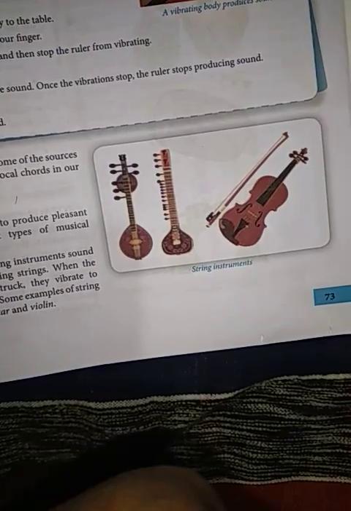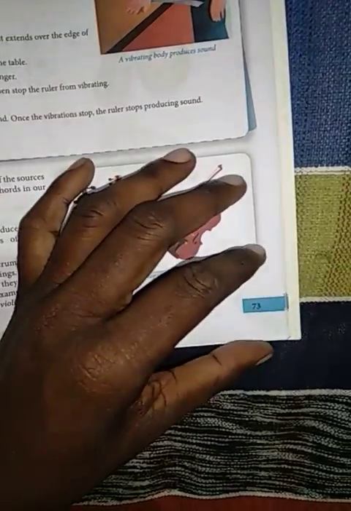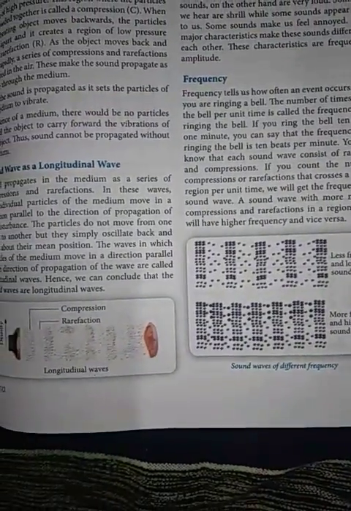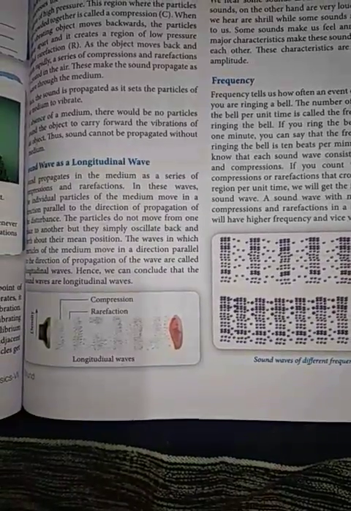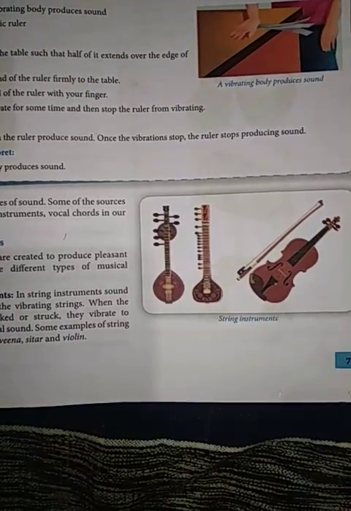The different types of musical instruments are string instruments, wind instruments, and percussion instruments. First of all, we discuss string instruments. In string instruments, sound is produced by vibrating strings.